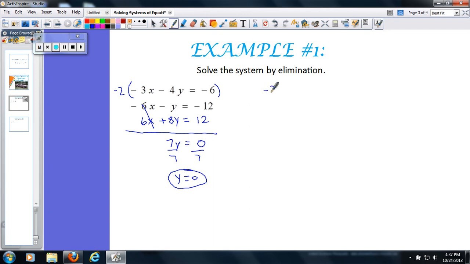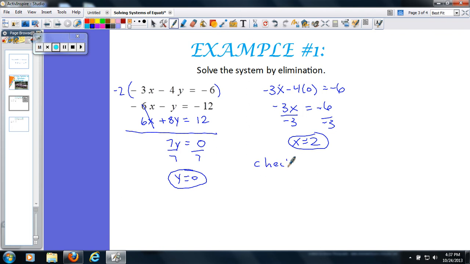So I'm going to say negative 3x minus 4 times 0 equals negative 6. This is negative 3x minus 0, so it's negative 6. I divide by negative 3, and I get x equals positive 2.